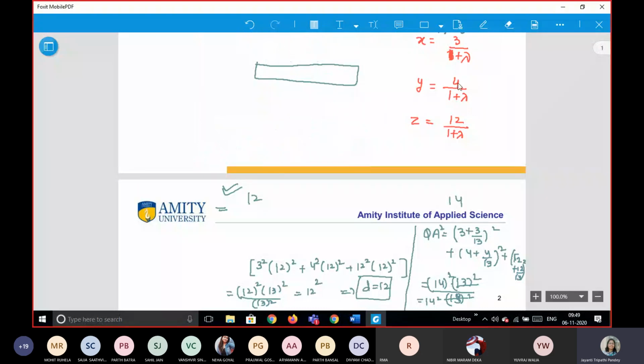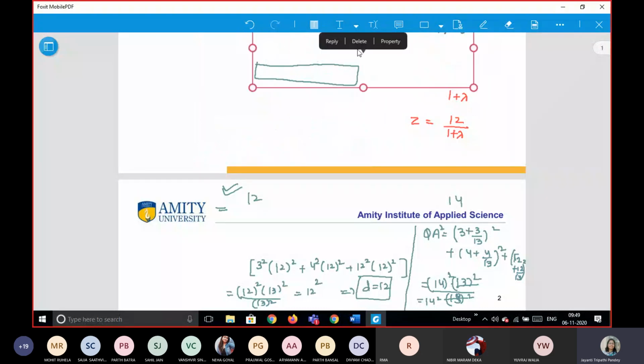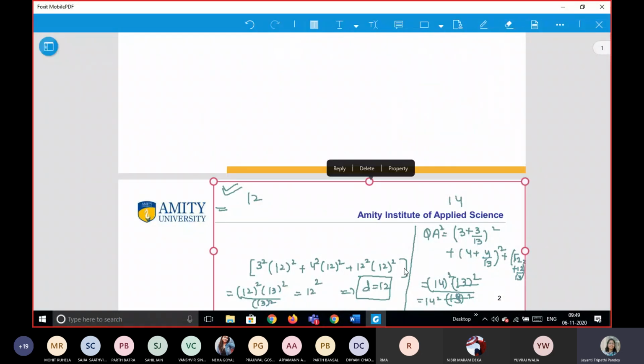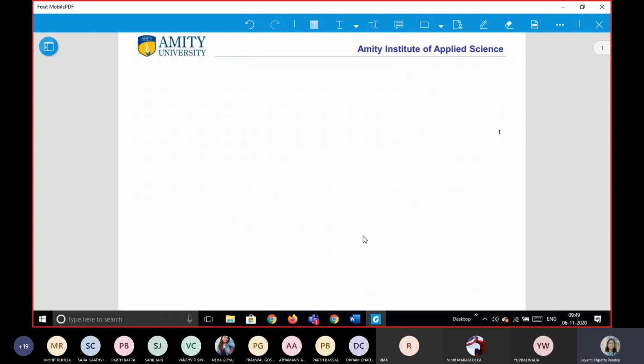It has come to my mind that we have not done any question in which you have calculated lambda value. So I did it. Now write the next question.